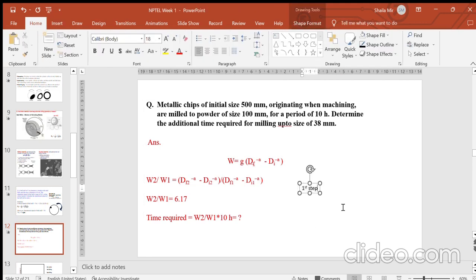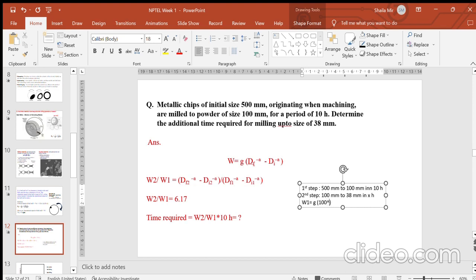So what we have in this question is that we are basically having in the first step, we are milling from 500 mm to 100 mm in 10 hours. In the second step, we are milling from 100 mm to 38 mm in, say, x hours. Okay, so what is the energy that is required, say for example in step 1?